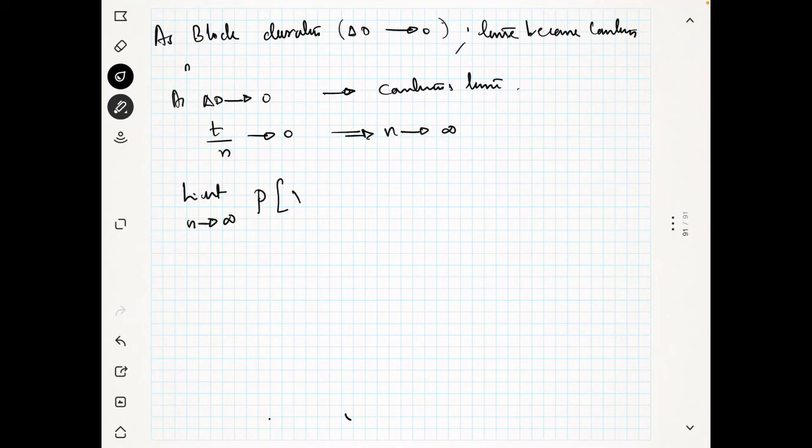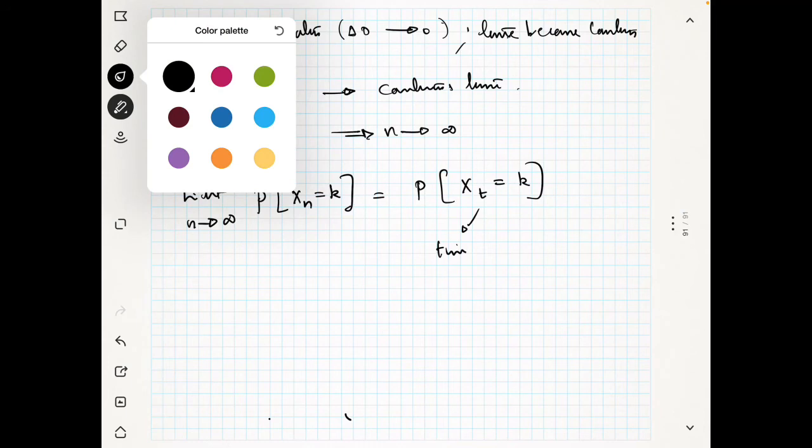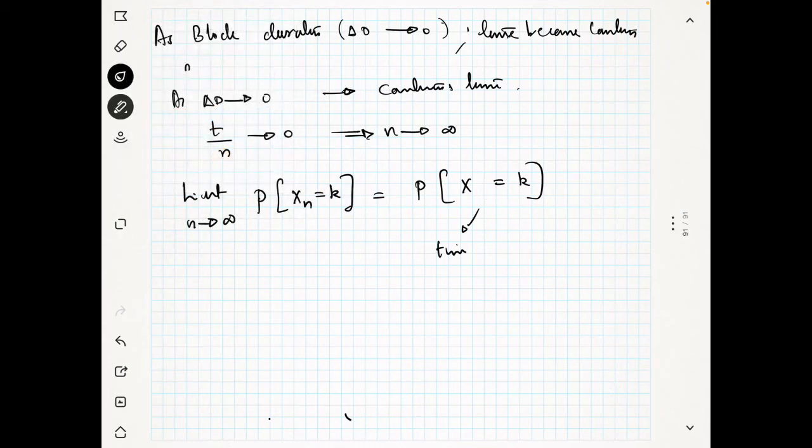The probability of X of n takes the value k is nothing but the probability of X of t takes the value k, because our time has become continuous now. We are talking about a continuous time process.